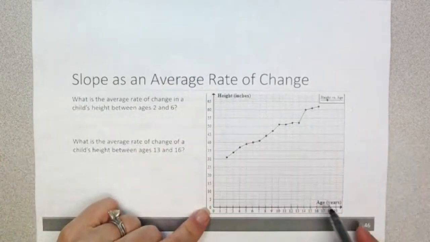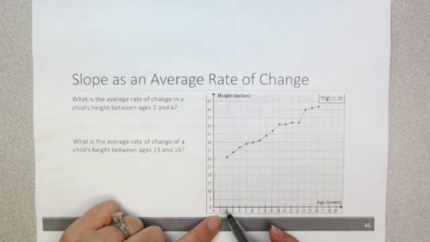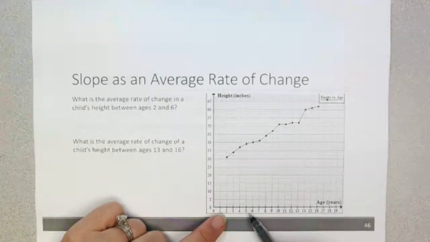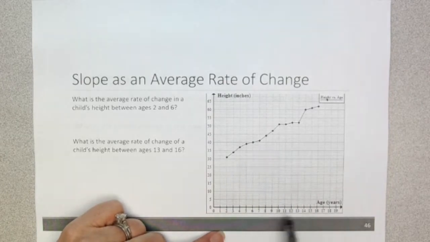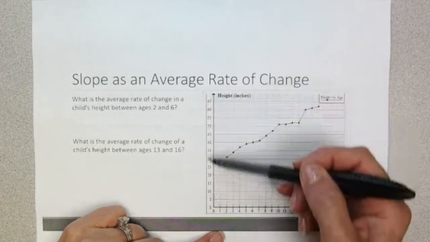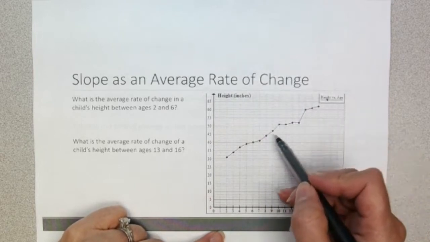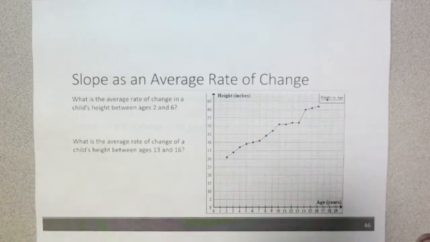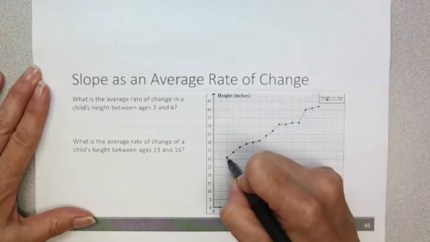This is a growth chart for a child. You probably have seen something like this before. Every year a child comes in for their physical to the pediatrician, and the pediatrician records the child's height. So on the x-axis we have age, and on the y-axis we have the height in inches. All right, even though this is not the graph of a linear function, it's not a straight line, we can think about it as an estimate of a linear function, right?